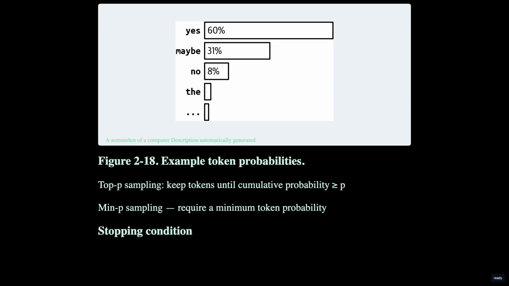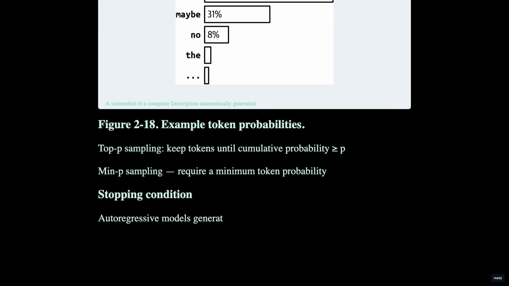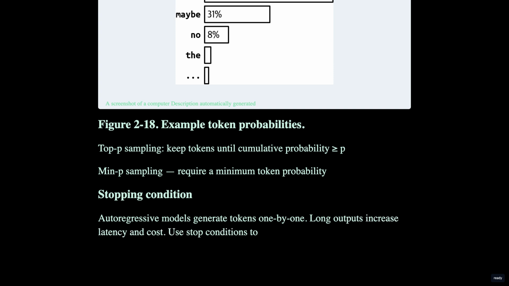Now we define the stopping condition, the rule or criterion that tells an algorithm when to halt. We'll outline why a clear stopping rule matters and the common forms it can take. Autoregressive language models produce text one token at a time, so every additional token adds latency and compute cost.